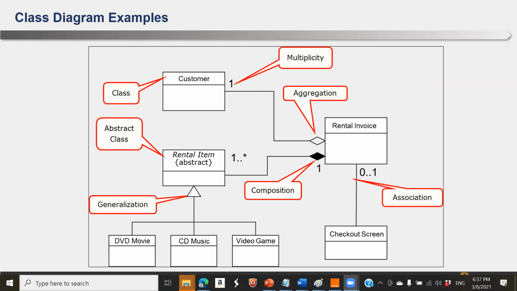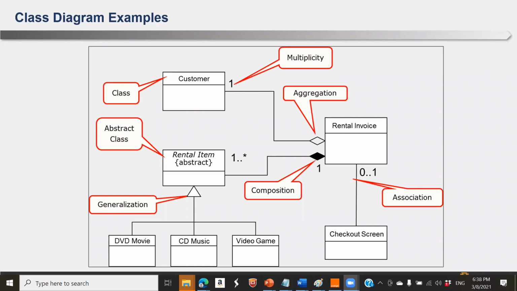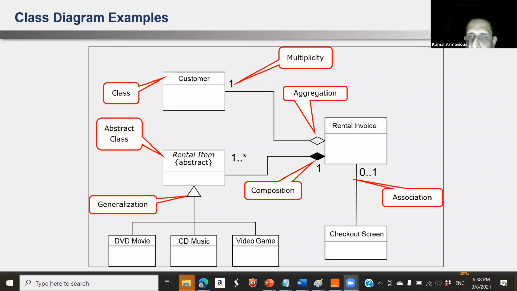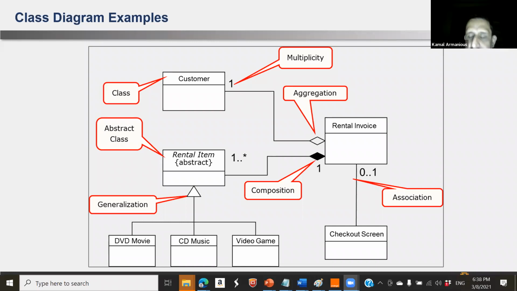Ask yourself one question: checkout screen, is it a part/whole relationship or not? Part/whole, part of a whole. Yes or no? The checkout screen is part of a rental invoice? What's the relation? No, it's not part of.